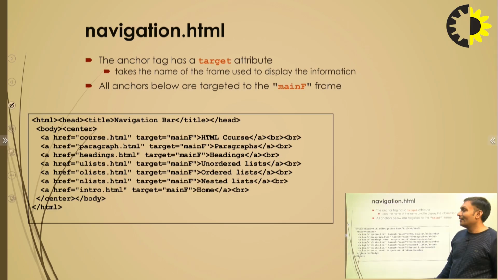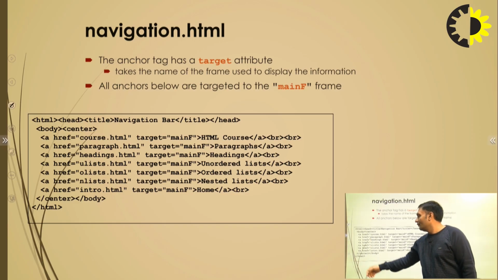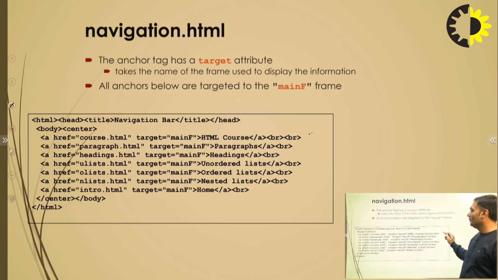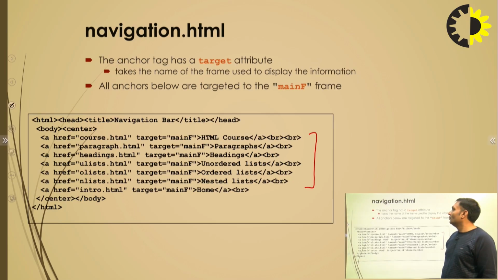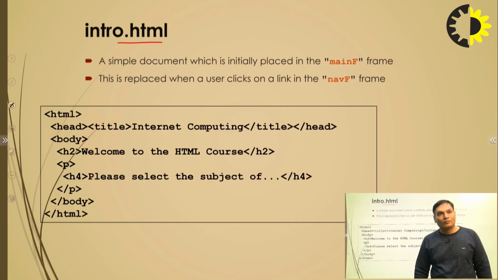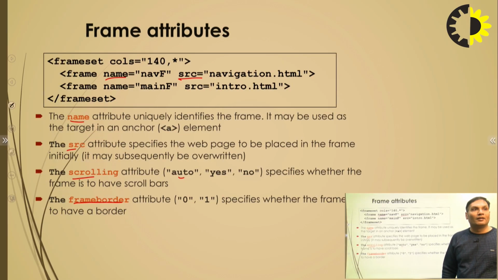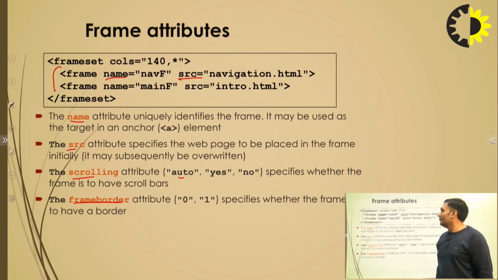So the anchor tag can have a target attribute as well. If we are using the anchor tag, then we can use the target attribute as well. We can see in this example, navigation.html and intro.html, these are the 2 frames that were used in this frame set.